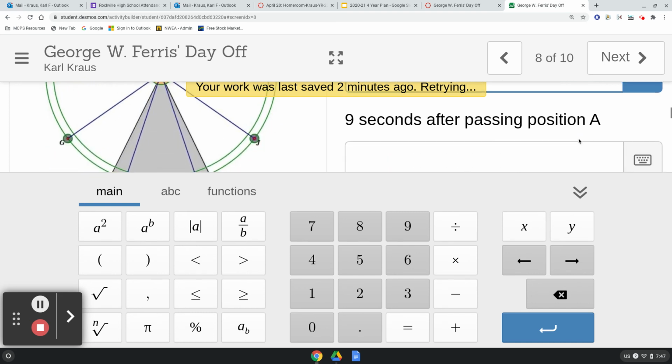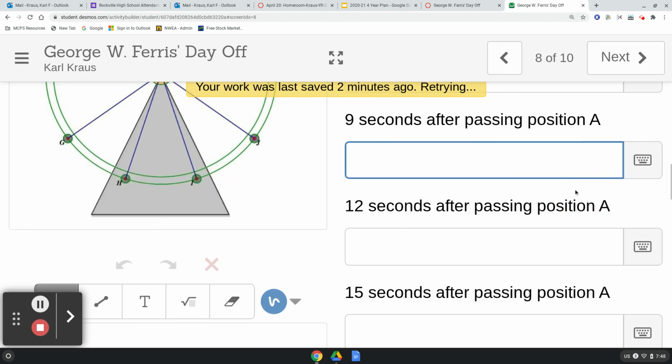And you get 88. You can continue to do that all the way down.